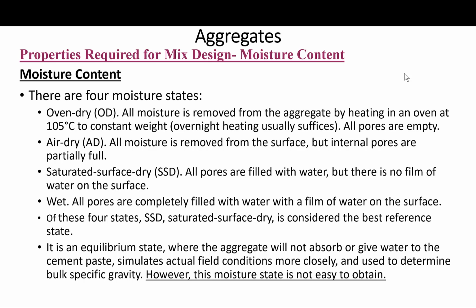In the rest of the discussion, we will use the SSD as the reference state. But as I said, in a coming up lecture, maybe the next lecture or a following lecture, dedicated to certain calculations of these terms, I will also show a set of calculations where the OD state is used as a reference.